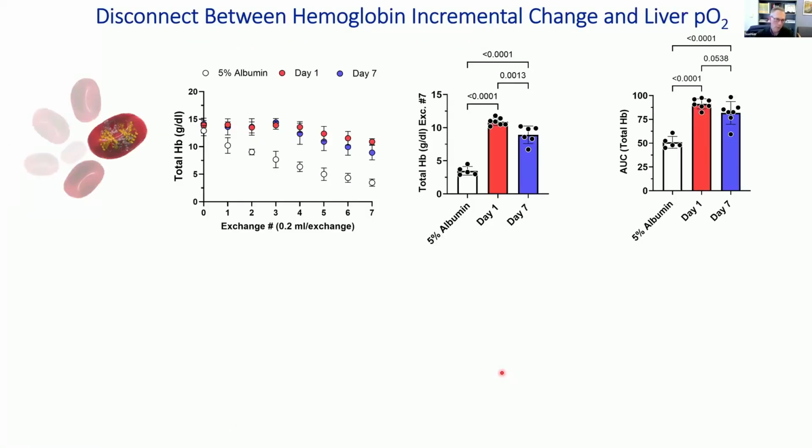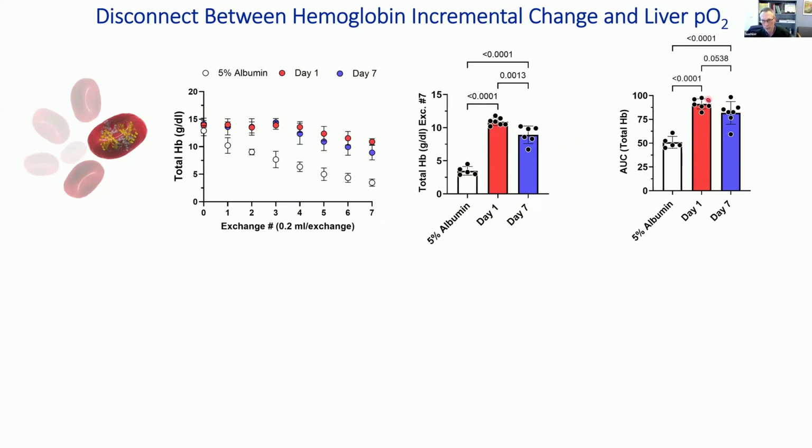Okay, so the interest then was, what's the change in hemoglobin over time with the different storage times of red cells? And here's day 1 stored and day 7 stored. The hemoglobin is actually quite close. Albumin, obviously, drops pretty dramatically. And if you look at the total hemoglobin at day 1, day 7, they're different, but they're not dramatically different.